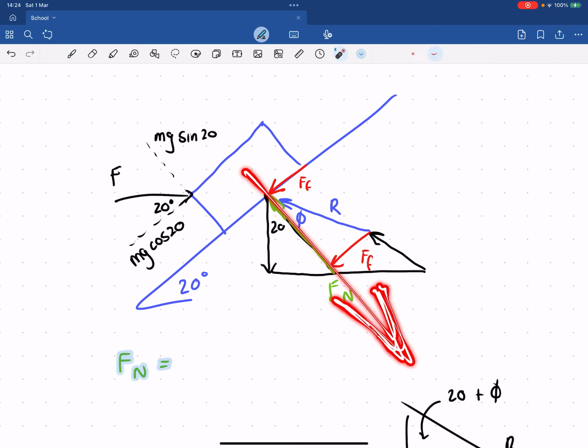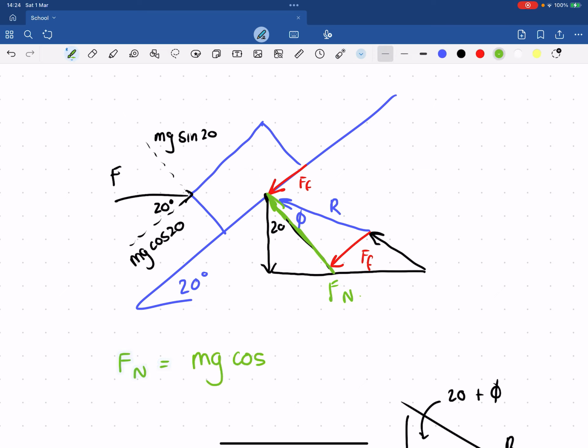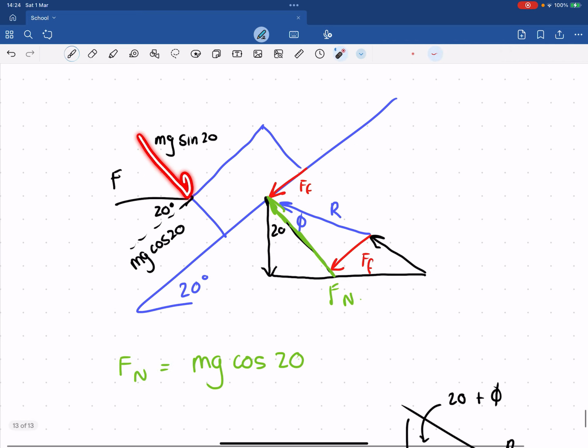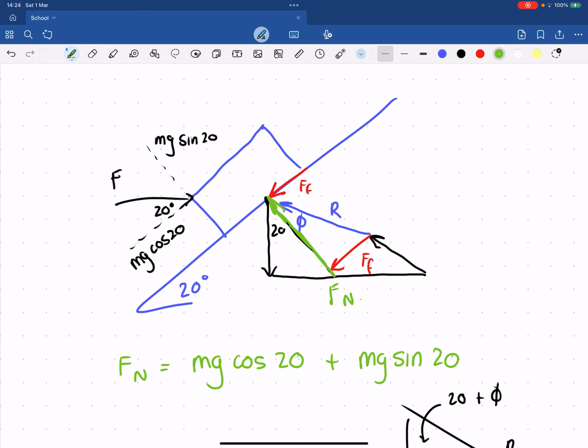So everything acting vertically down contributes to the normal force. So not only is it our normal mg cos theta, in this instance mg cos 20, but also this angle here, mg sine 20. So plus mg sine 20, right?